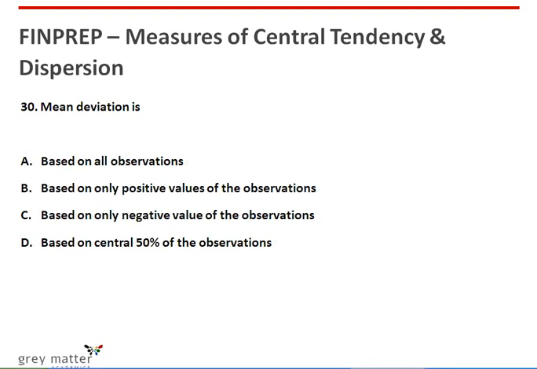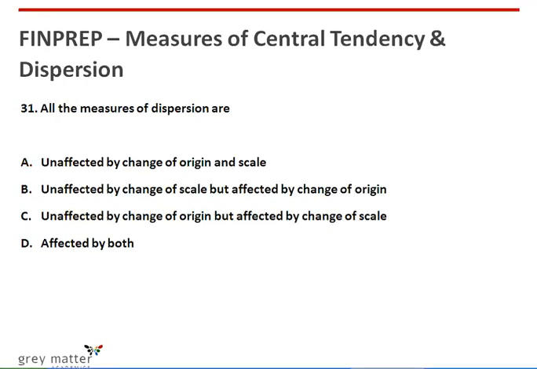30th question. Mean deviation is based on all observations made. So it is the A option, as per PowerPoint, A option, which says based on all observations. 31st question. All the measures of dispersion are not affected by change of origin but affected by change of scale.